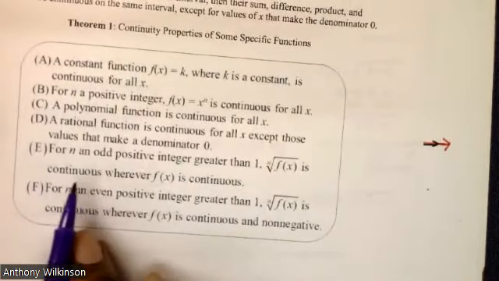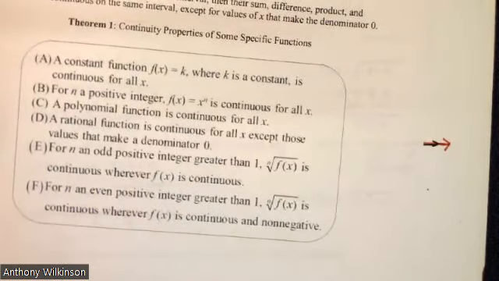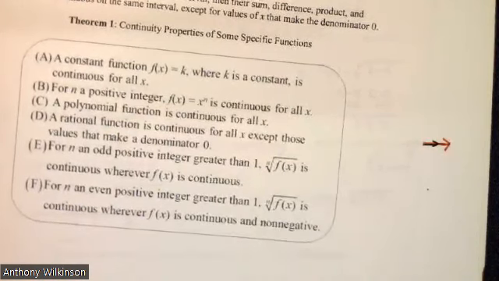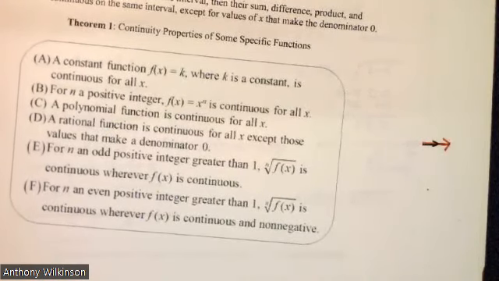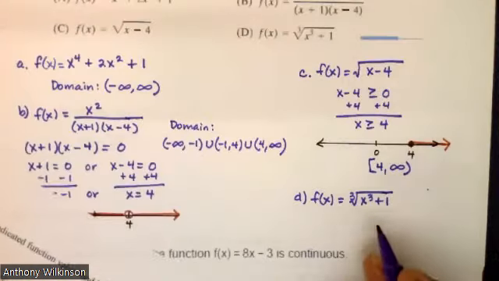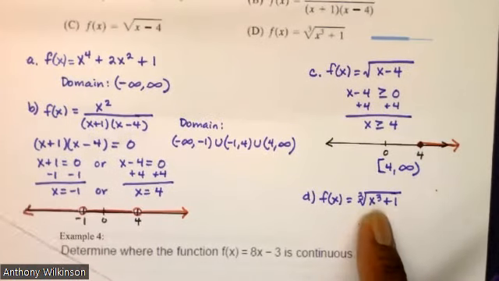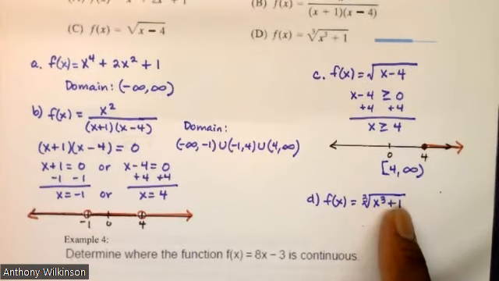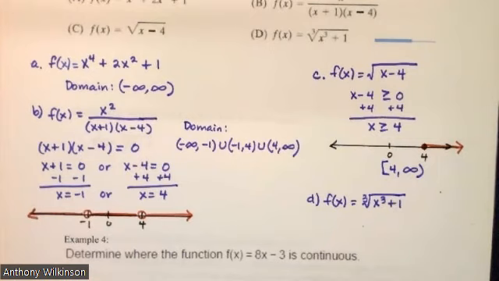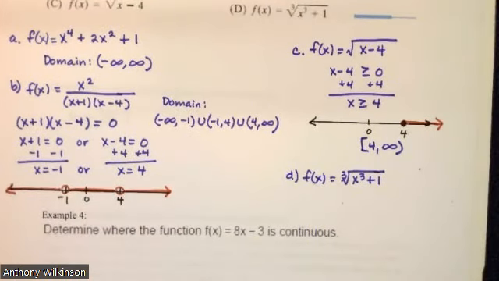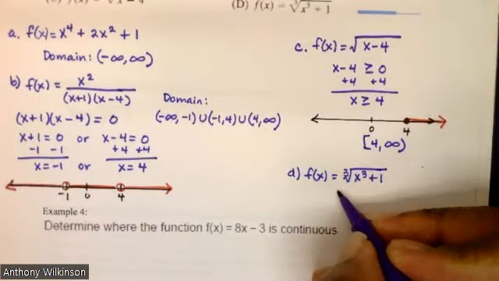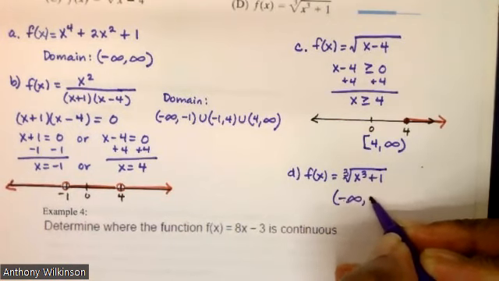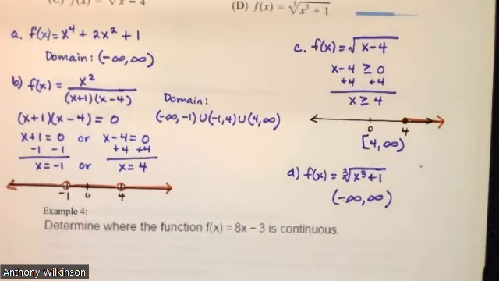So for n being an odd positive integer greater than 1, the nth root of f of x will be continuous wherever f of x is continuous. Well, here, the f of x inside is continuous everywhere. Any x value that you assign to that, you will get an f of x value for that. So the cube root of that will have to be continuous everywhere. So that domain will be from -infinity to infinity.